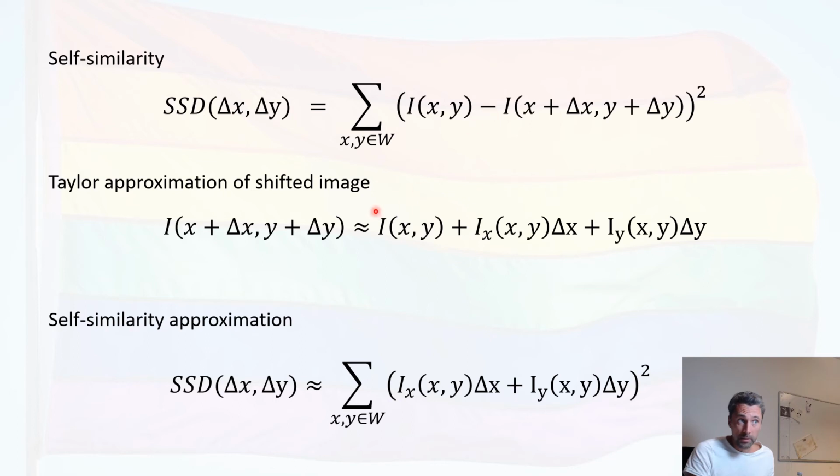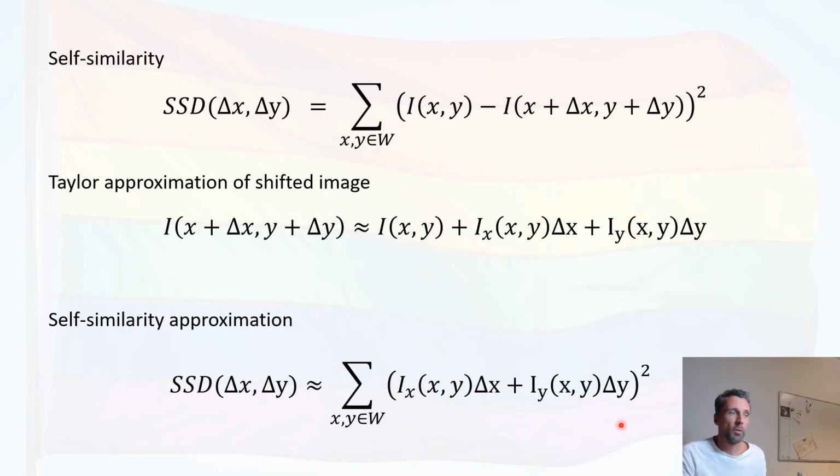Now, we'll plug this in to this, and then you see this I of x and y, and again, minus I of x and y, so that these two parts become 0, so what will remain is just this dot product between the gradient and the shifted vector delta x and delta y, squared. So why does that make sense?